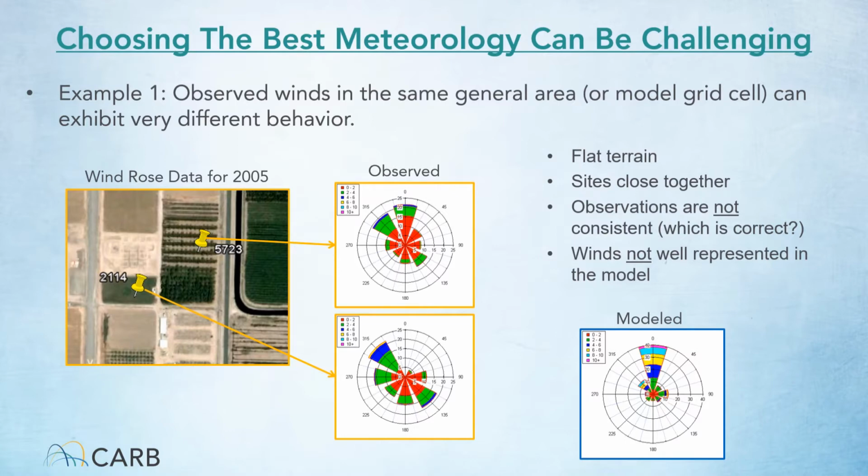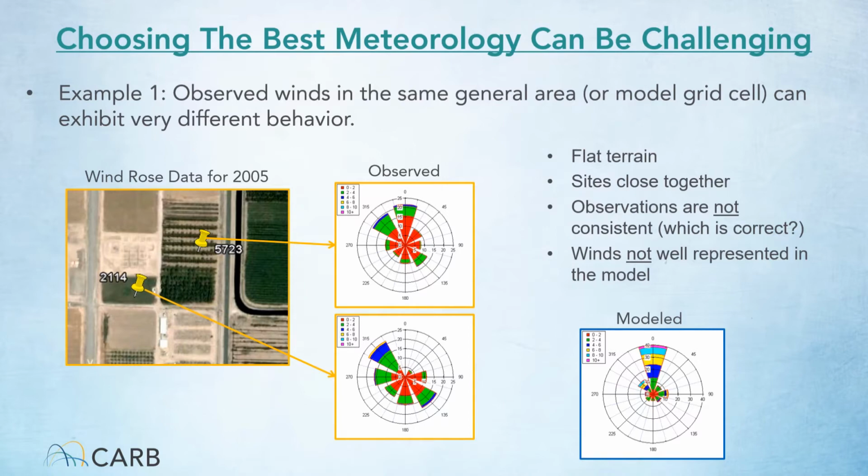Those two figures show the wind speed and direction. For the first figure, for 5723, the dominant wind is from the northwest. Actually, it's north-northwest. But if you look at the figure underneath for station 2114, it is from the north-northwest, west, and south. There's even an easterly component.